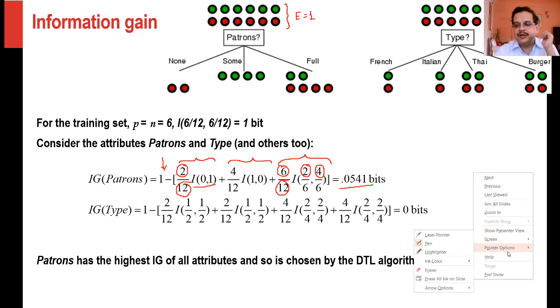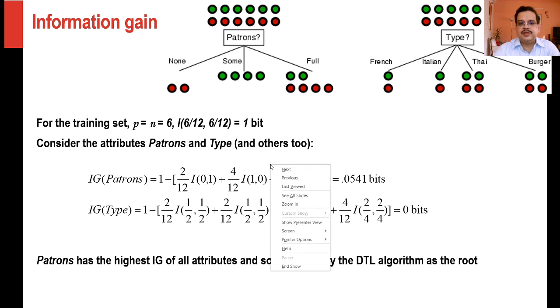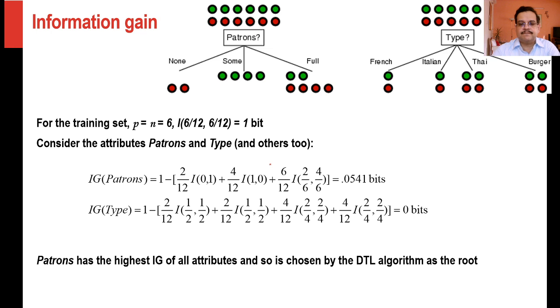On the other hand, when I look at the information gain for type, as you can see here again, the original entropy is still 1, because that's what we started with.